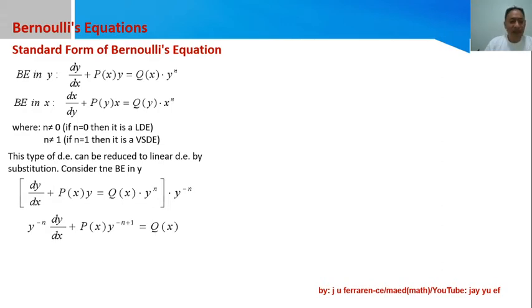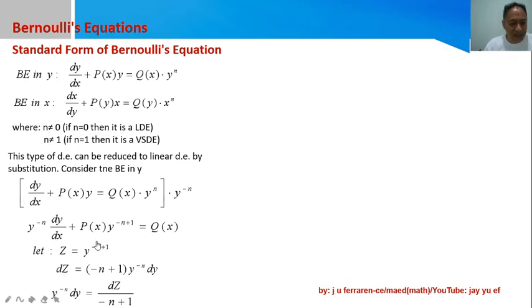So because of that, I have to look for another approach to make it linear. Let's say, let z be equal to this expression, y to the power of minus n plus 1.